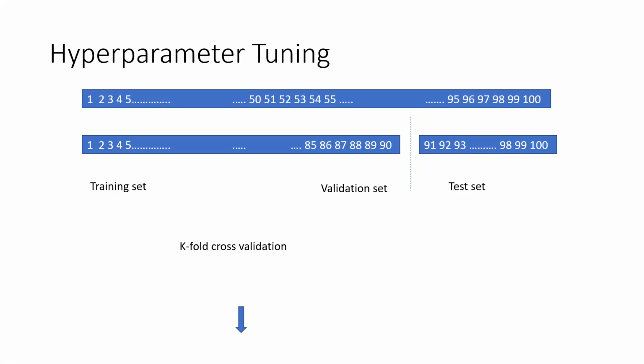So you split this training data into, let's say this time, threefold cross-validation. And this cross-validation doesn't have to be the same as your outer cross-validation, right?